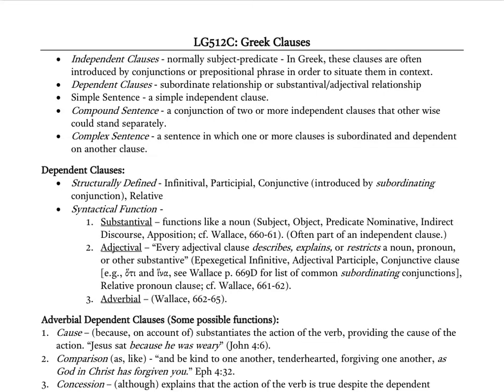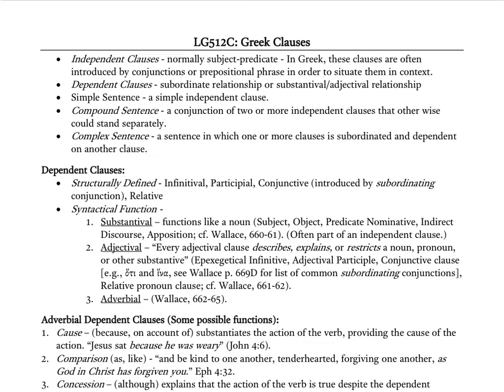So the complex sentence is a simple sentence to which another dependent clause, or a whole bunch of them, is added. This is different than a compound sentence because a compound sentence is between two or more independent clauses, whereas a complex sentence is an independent clause with additional subordinate and dependent clauses. Now, there can be, of course, complex compound sentences, but that's not our concern right now.